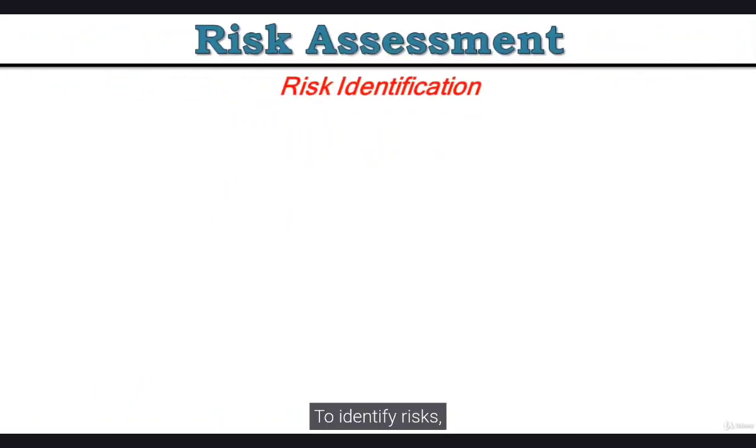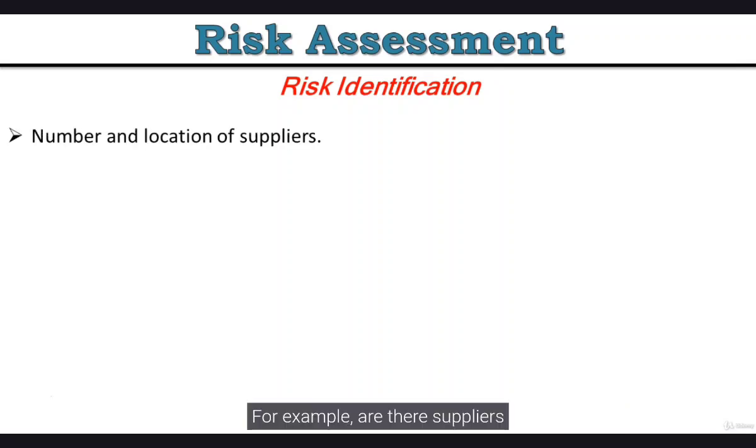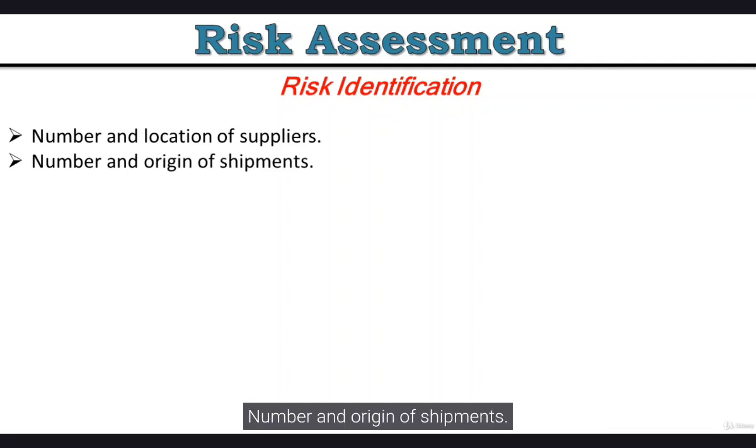To identify risks, firms should also consider the number and location of suppliers. For example, are there suppliers in countries with social unrest, terrorist or drug activity, or high levels of corruption? Number and origin of shipments. For example, increased quantities or values of shipments pose additional risks.